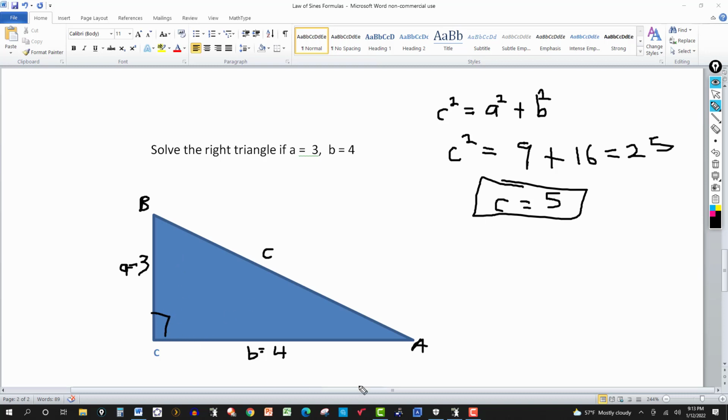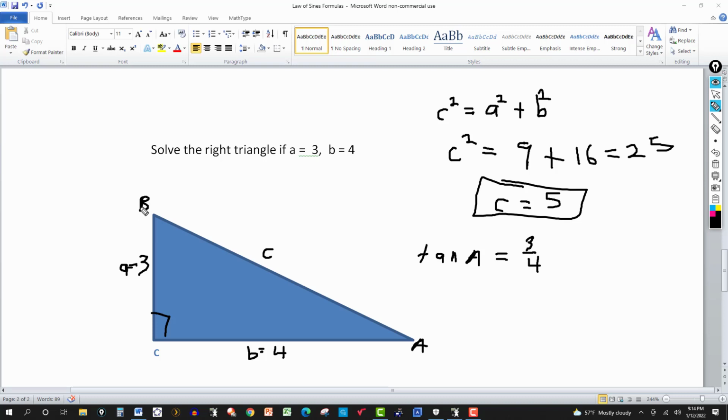Then we just use the basic definitions of sine, cosine, or tangent, depending on what you're given. So here I'm going to say tangent of angle A, by definition, is always the opposite over the adjacent. So in this case, it would be 3 over 4. Now, there's more than one way.